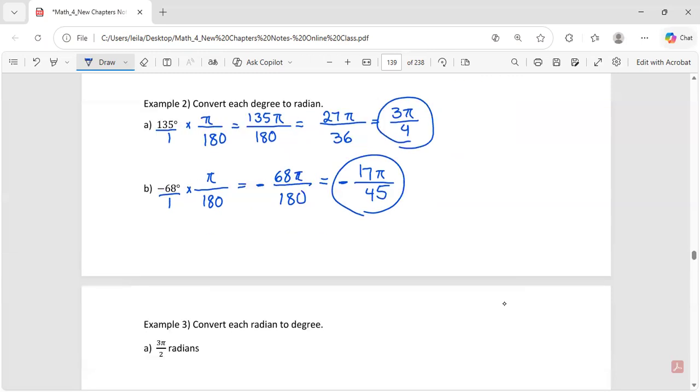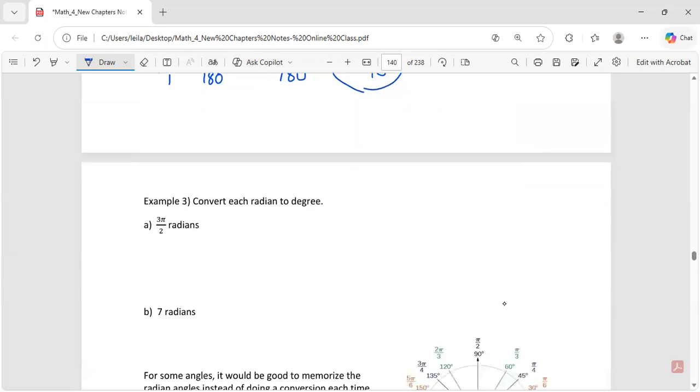Now, for example 3, we want to convert from radian to degree. We have 3 pi over 2 radian. To convert from radian to degree, we need to multiply by 180 over pi. I can multiply across, or I can simplify first, then multiply across.